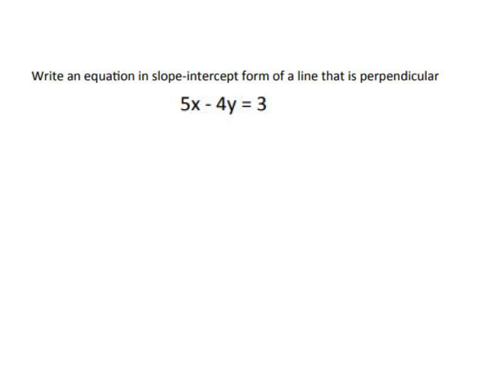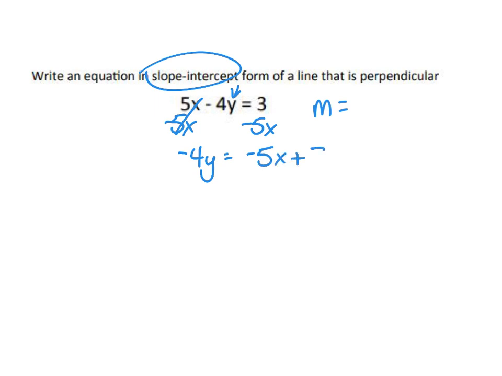All right, now we're going to continue this way, except now we have to do a little bit of manipulating because this equation is not in the correct format for us. I need to get y by itself in order to get slope-intercept form and to know what my slope is. So I'm going to start by subtracting 5x. So I have -4y equals -5x plus 3. I'm going to divide by -4 everywhere.